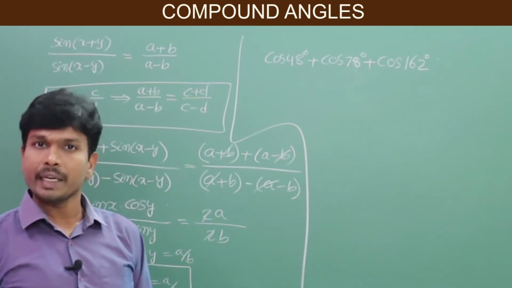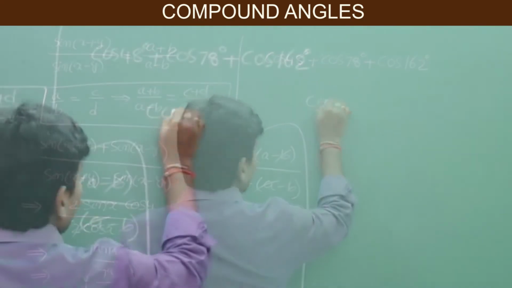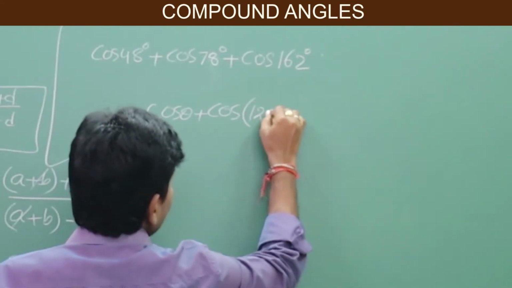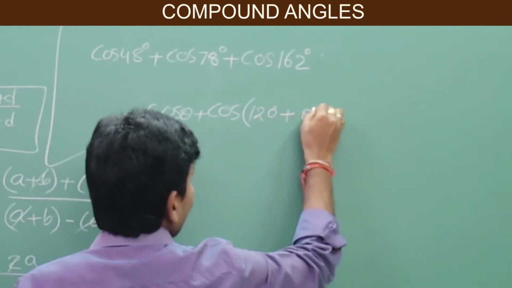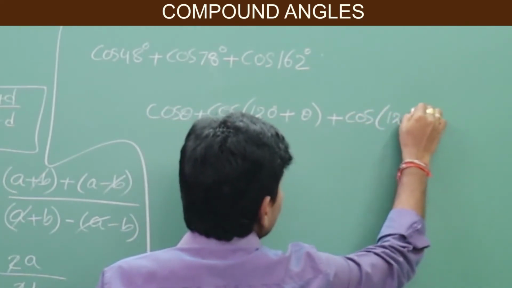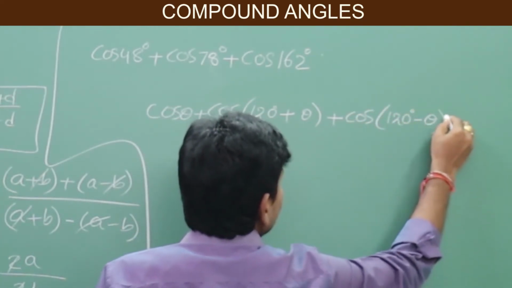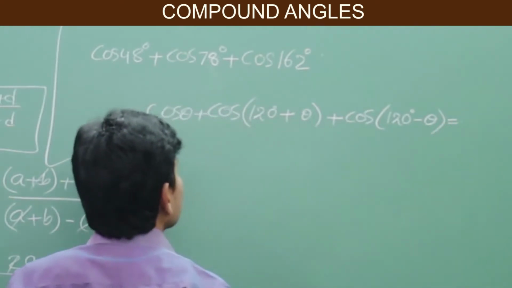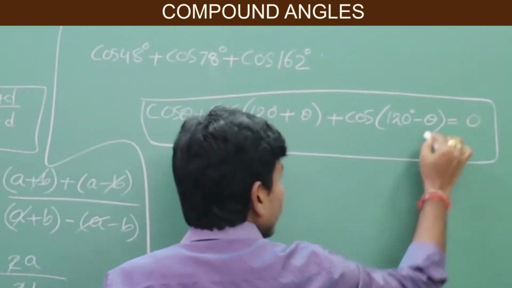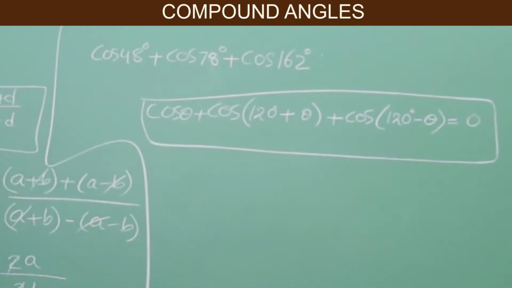I am giving you a hint, then you try to do it. cos θ + cos(120°+θ) + cos(120°−θ). This value, how much can you say? Its value is 0. We proved. If that problem is in this form, then definitely we will get 0.